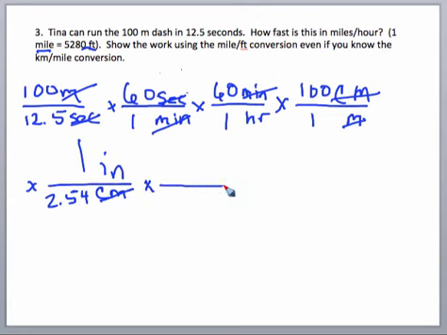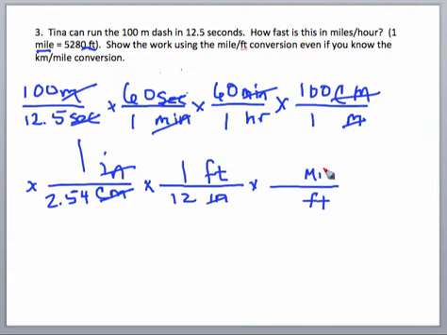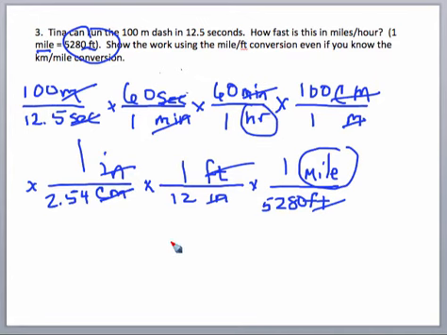So we just keep doing what we do. I want to get rid of inches, so I can go to feet. There's 12 inches in a foot. Inches cancel. And then I can go feet to miles. 1 mile is 5,280 feet. What you're going to see is everything cancels except miles per hour.